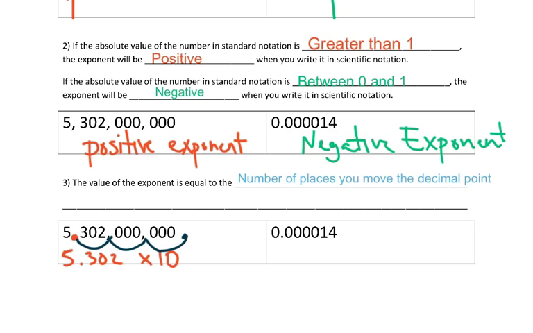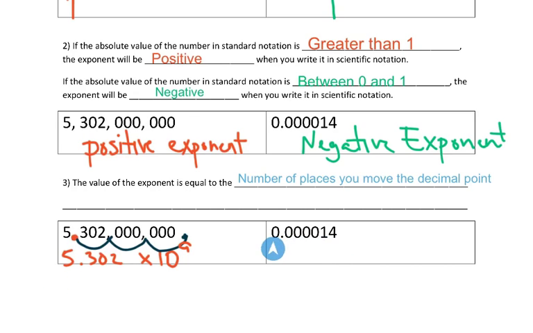So my exponent has to be 9. So that means it's a 9 there, and then I'm going to come back up here. Remember that it was a positive exponent because the original number was greater than 1. So this is the number written in scientific notation.